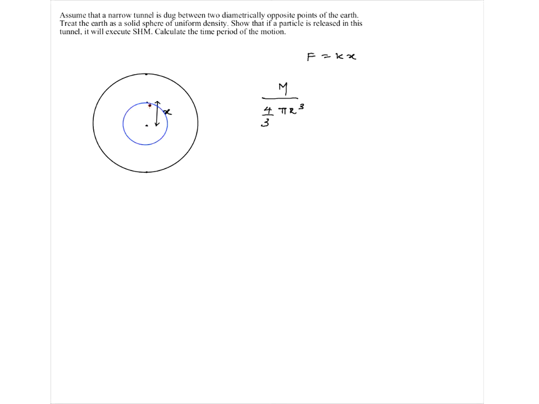That volume is 4 by 3 pi times x cube. So we have M x cube over R cube. This is the mass which is there in this region, and that is the mass which will attract the particle. Outer mass, no use, right?